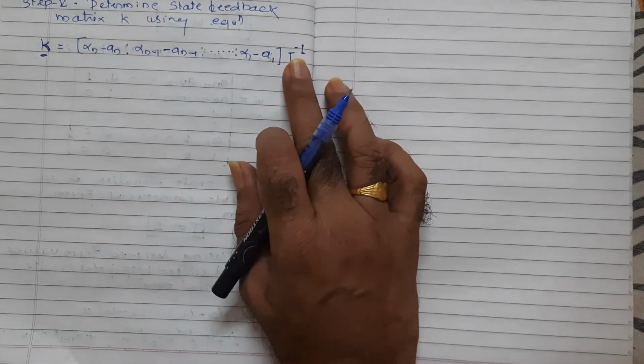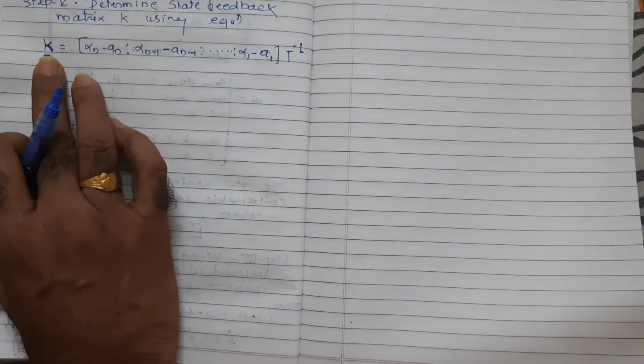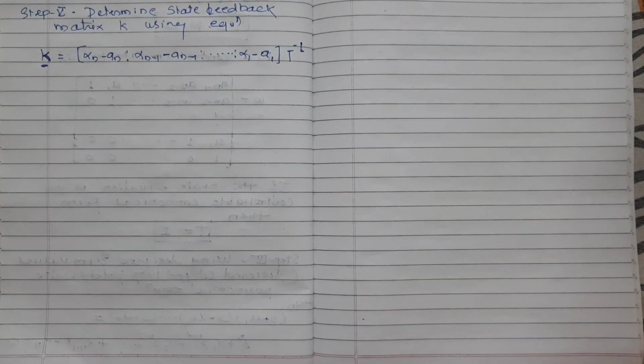So this way we can find the K matrix. So this is our first method.